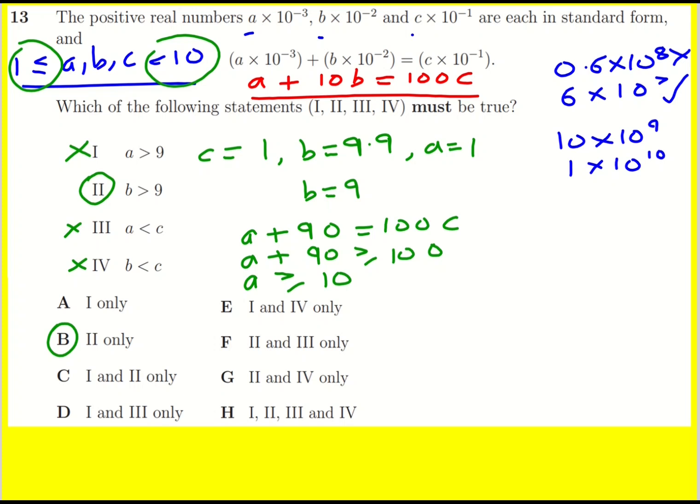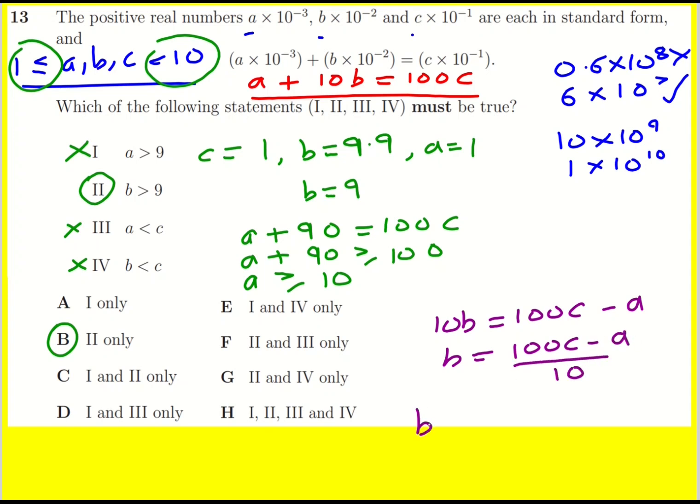Let me just have a go at finding the lower bound of B. This would be a slightly more rigorous proof, or we could rearrange it. So 10B is equal to 100C minus A. So B is 100C minus A, over 10.